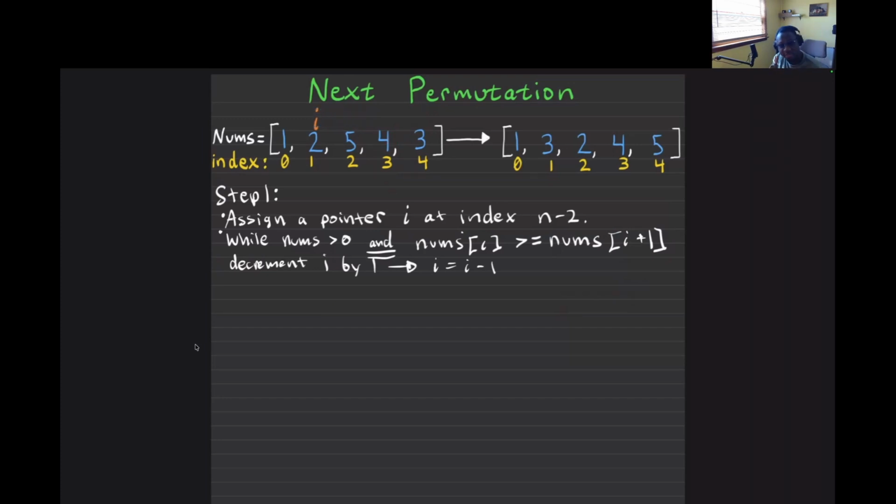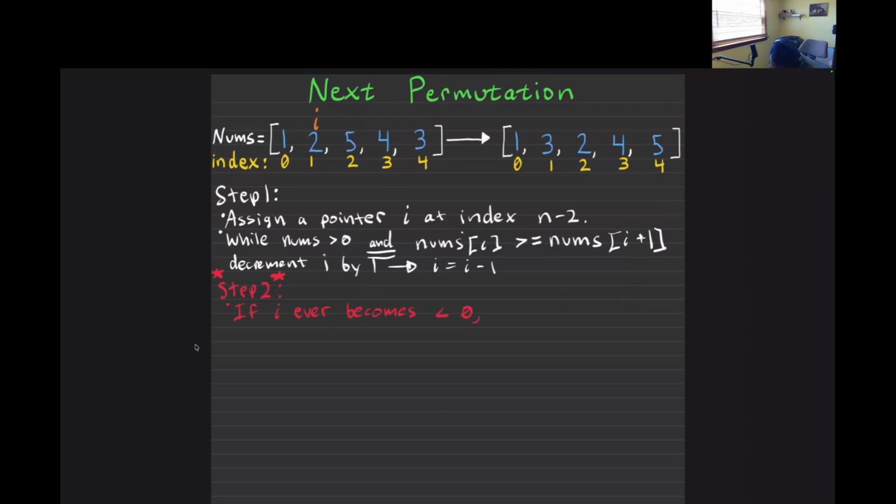And now we've reached a potential edge case, so I'll label this in red. Step 2, and I'll also give it some stars so your brain can encode this. Step 2: if i ever becomes less than 0, what does that mean?